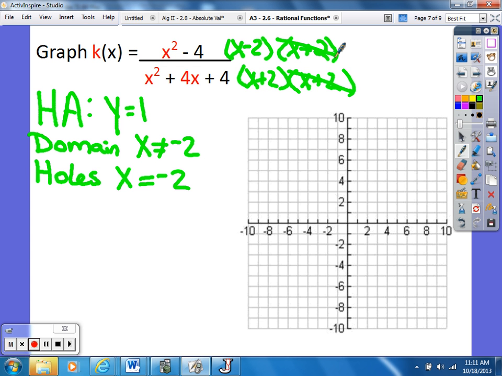You cross those 2 out for the vertical asymptote. Okay? So, vertical asymptote, where's that? At what? X equals -2, right? Interesting. This is going to be a weird graph here.